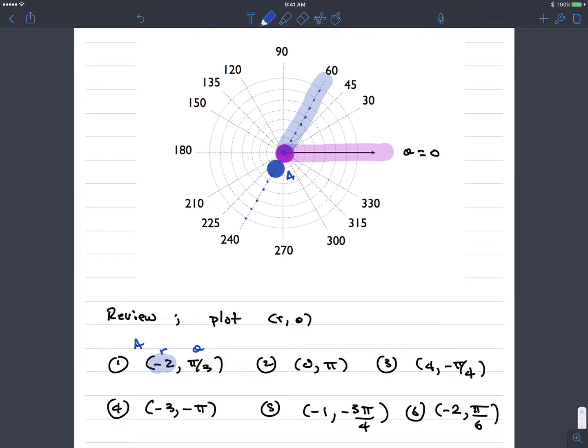Let's call the next one here B. And notice what the radius here now is for B. Okay, so I'm going to erase everything here. For B, your radius is 0 here, and the angle is pi.